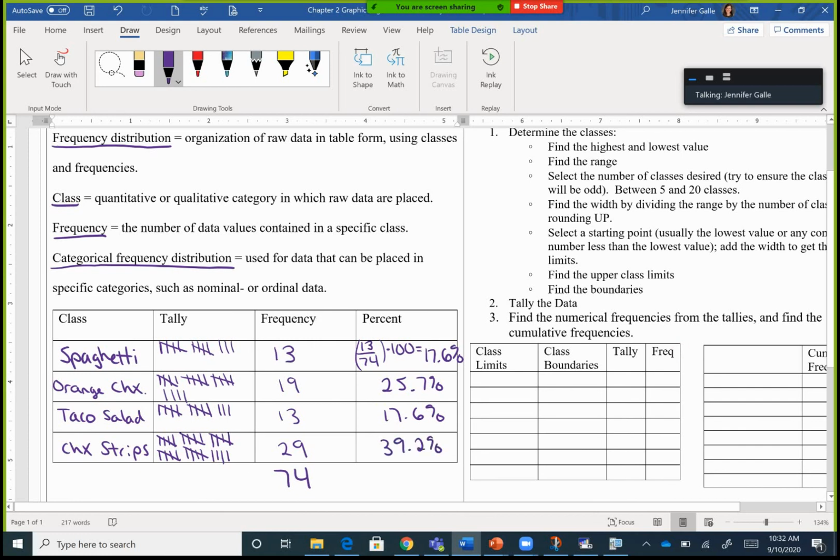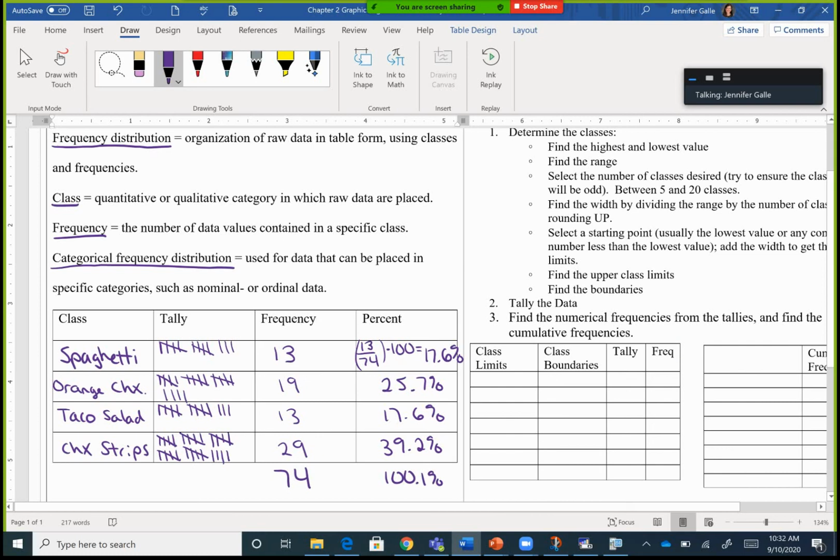Now, if we go through another check, oops, I forgot a decimal point there. Now, if we go through and add up those percents, as long as I don't miss a decimal point again here, we actually end up with 100.1.